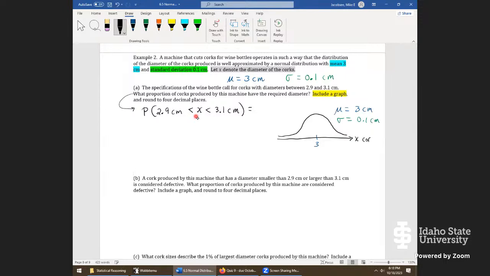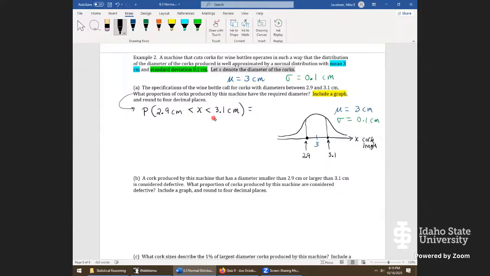It's the quark length. And we said X had to be between 2.9 and 3.1 centimeters. So it should be about between here, here's the 2.9, and about here, here's the 3.1.